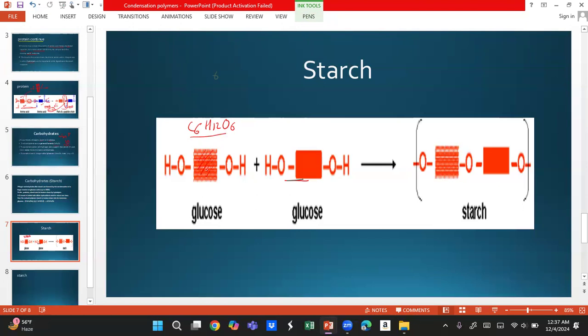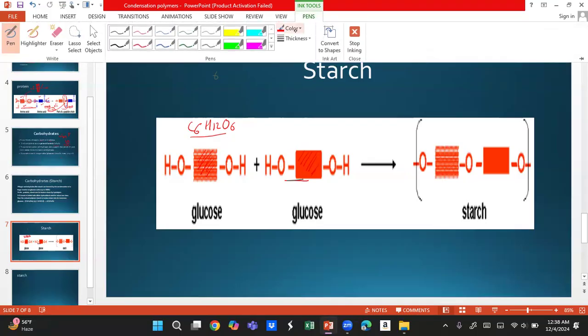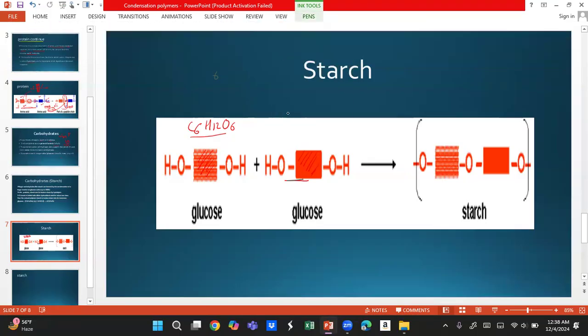This box is common for all glucose molecules. These are two simple sugars. These simple sugars, when they join together, will make complex sugars.